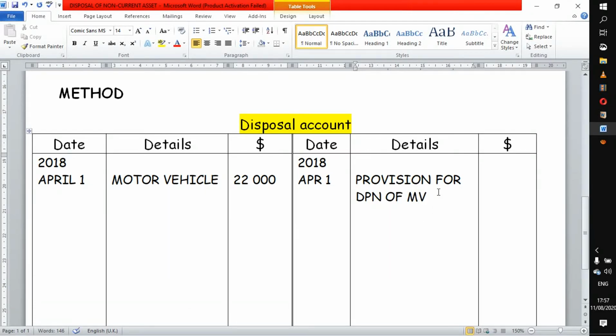That's where you find the accumulated depreciation. So by the time it was sold, it had accumulated depreciation of 8,800.